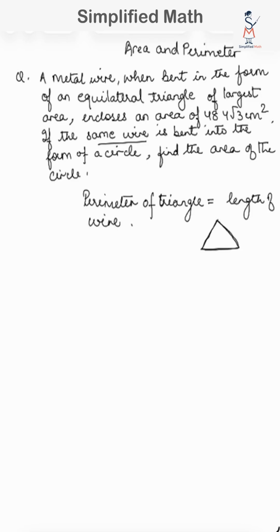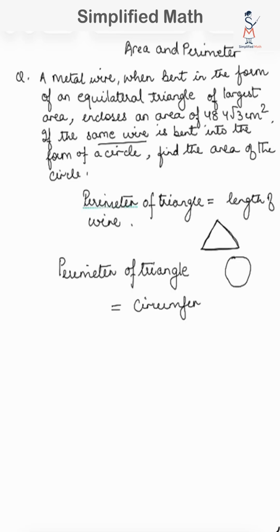So the perimeter of the triangle is equal to the length of the wire, and the same length is used to make the circle. So what we come out with is: perimeter of triangle is equal to circumference of circle. So now our job will be to find the perimeter of this equilateral triangle.